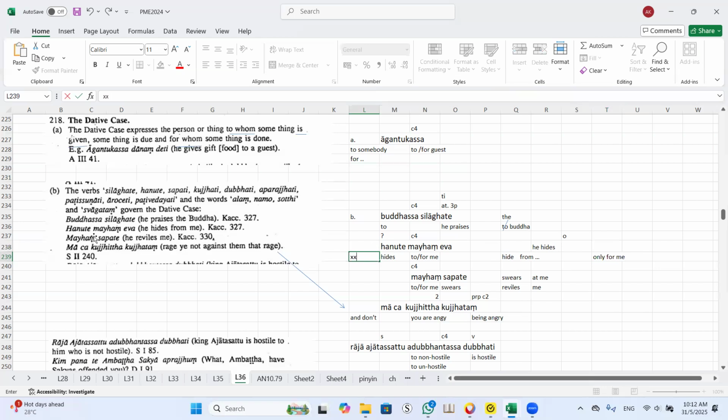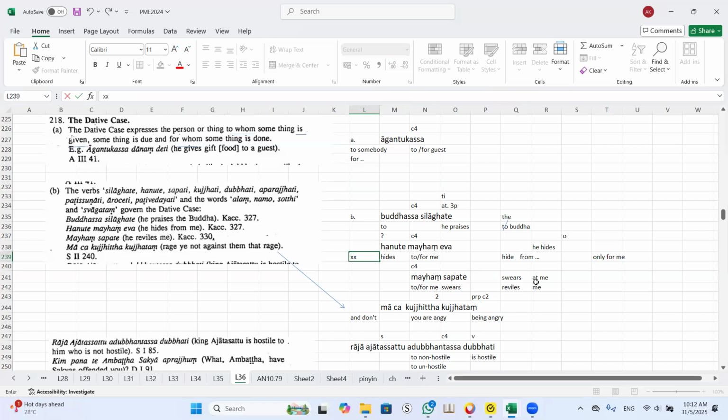Okay, any questions on this? If no questions, I move forward. Can you see my hand, sapate? So in this case, it's the same. The word sapate means he or she swears. You can see the word swear.